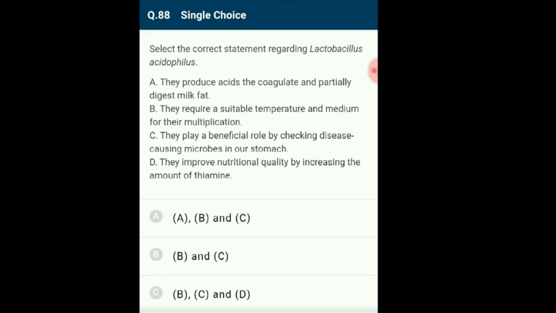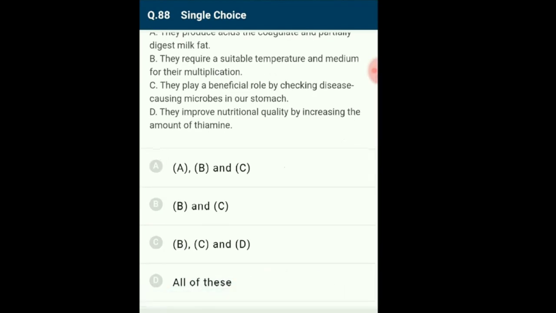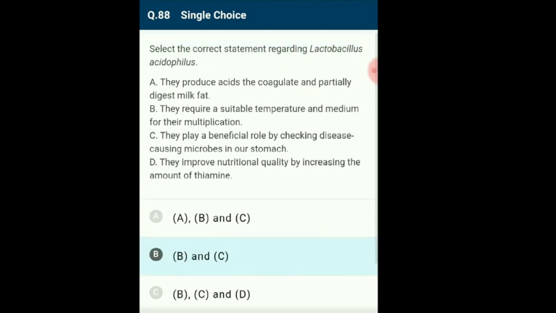At a suitable temperature, curd is added as a starter, generally called inoculum, to fresh milk, and then the bacteria start the conversion of milk into curd. Lactic acid bacteria help in lactose digestion and in controlling disease-causing microbes in the stomach. So the answer for this question is option B. From the given 4 statements, the correct statements regarding Lactobacillus are statements B and C.